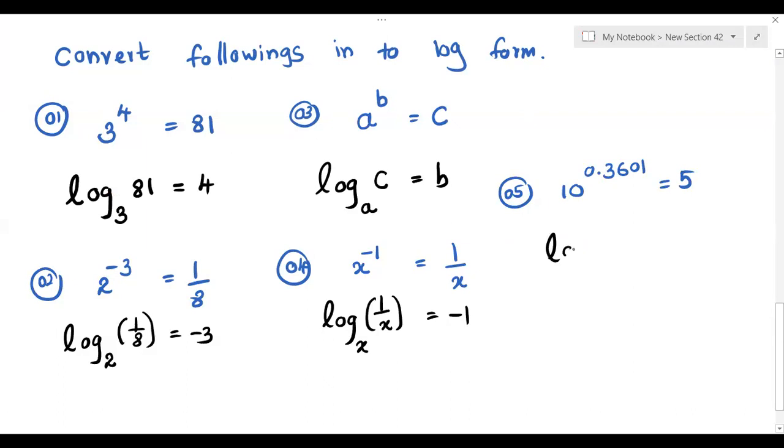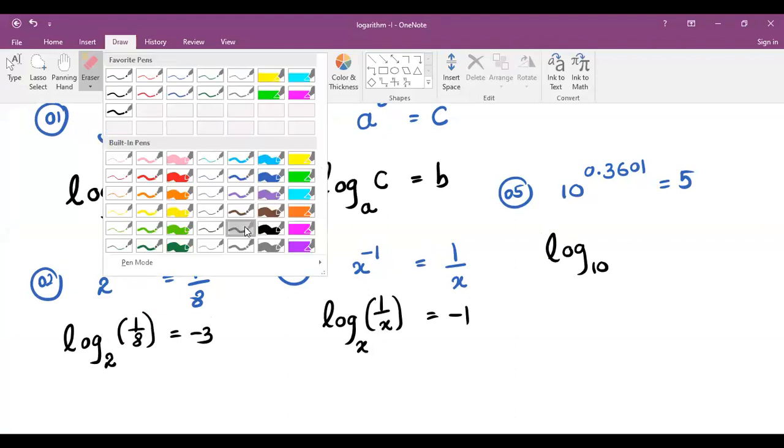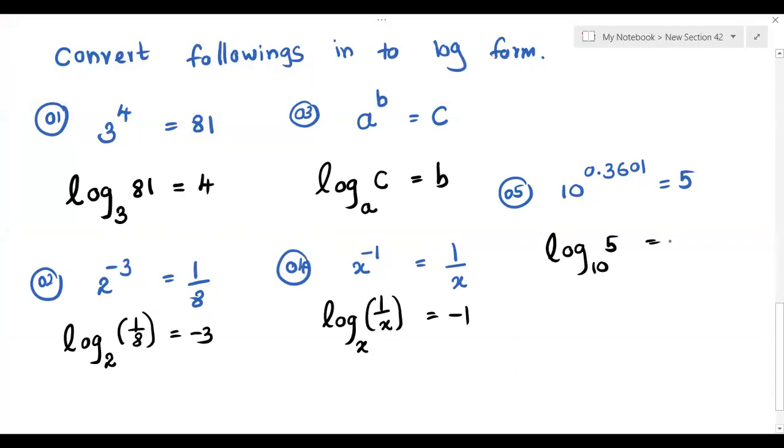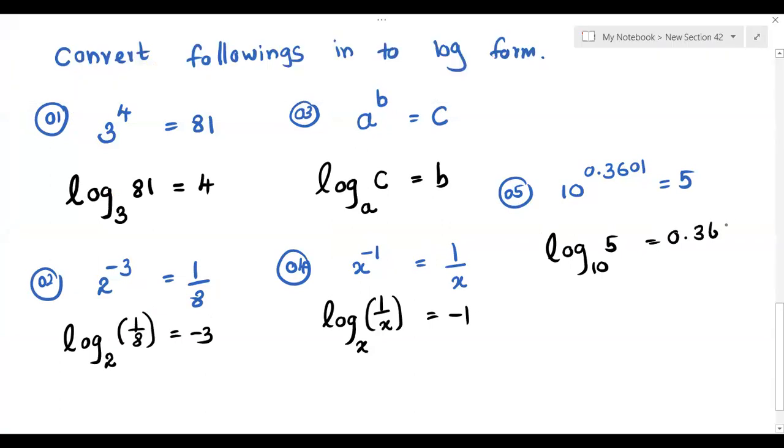Then don't worry, it is log to the base 10. 0.36, oh sorry, we write the answer within the log term, it is equal to 0.3601. Okay, this is how we express the given index form as log form. Check whether you have any doubts.